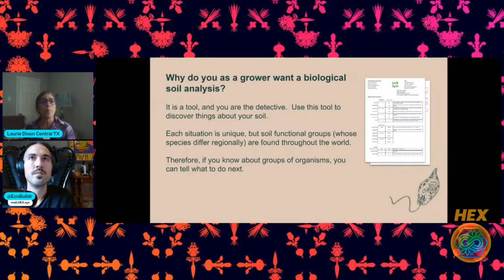There are even some places, I don't know what they're called, but basically they're like a community center where people are able to have prescriptions, and their prescription is to eat nutrient dense foods. And so yeah, I think there's a lot to learn about ourselves by looking at the soil.